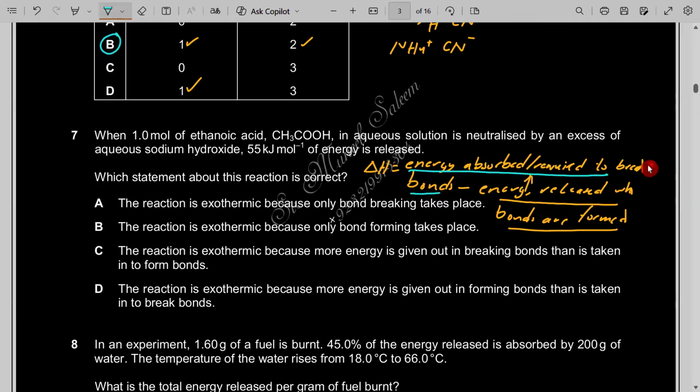So its value will be smaller. In other words, the bond-breaking value is less than the energy released, and that's when the answer will be negative. For this reason, option D is the correct option.